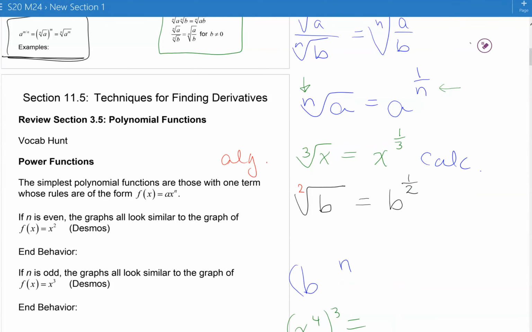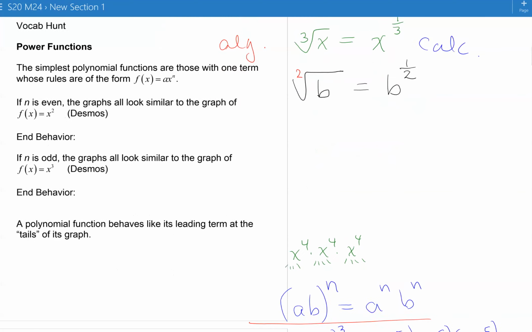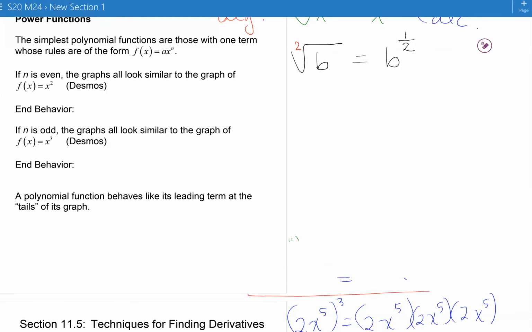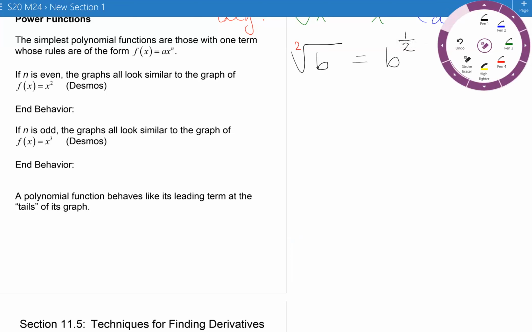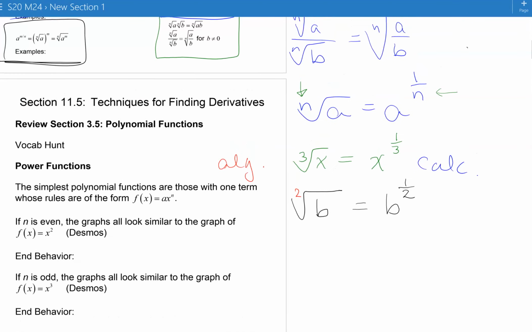So let me make a little more space. Okay, so this property says a to the m over n can be written either as the nth root of a to the power of m, or you can do a to the power of m and then the nth root of that.